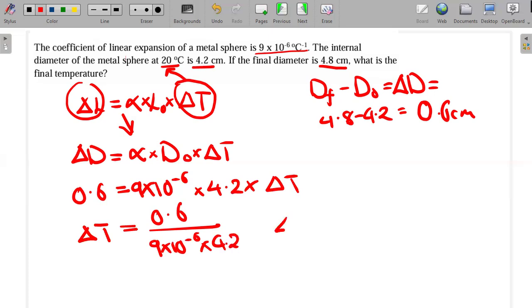So this is going to give us a change in temperature, sorry, not change in diameter. Let's plug it into our calculator: 0.6 divided by 9 times 10 to the power minus 6 multiplied by 4.2.